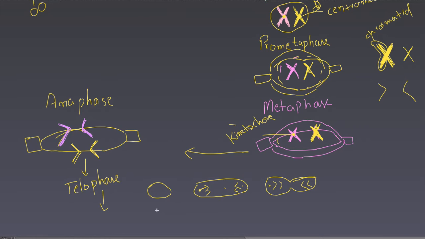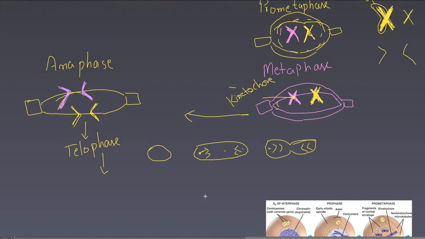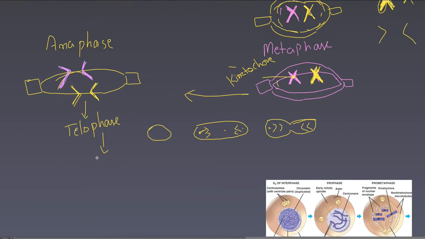Now, in telophase, that's exactly what telophase is. I said it earlier. In telophase, the cell keeps elongating, and the two nucleuses move apart from each other. So, well, I just saved it for later to show you guys something.